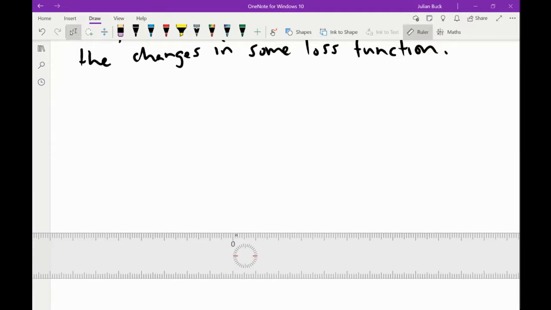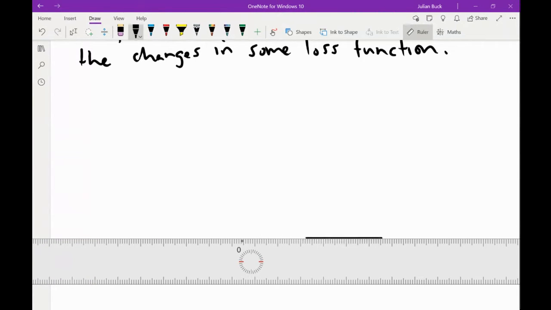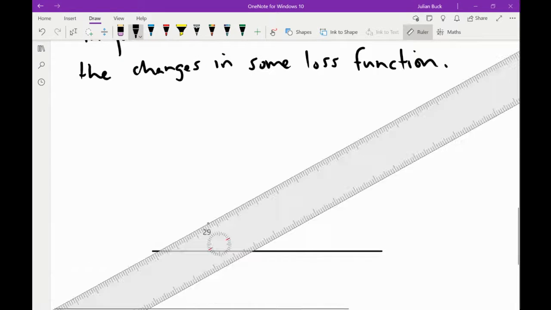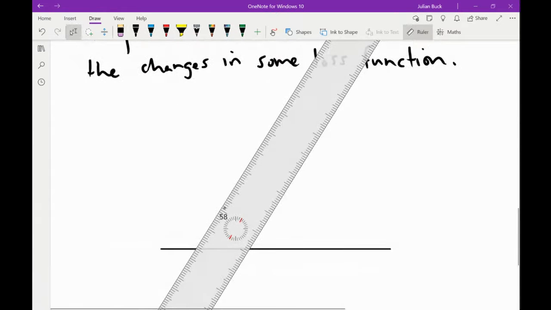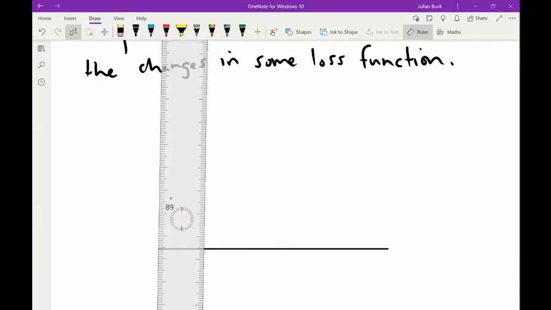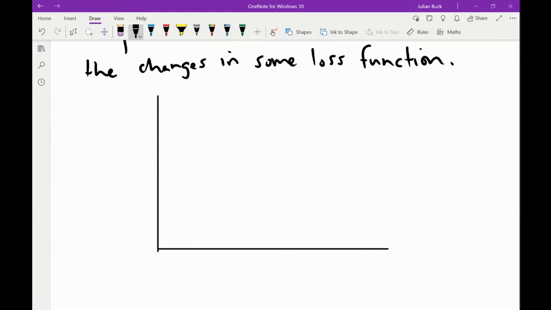So we're going to just pretend, to make things simple, that we're in two-dimensional space. We're going to represent on the horizontal axis the feature x, and on the vertical axis the response or the target y.